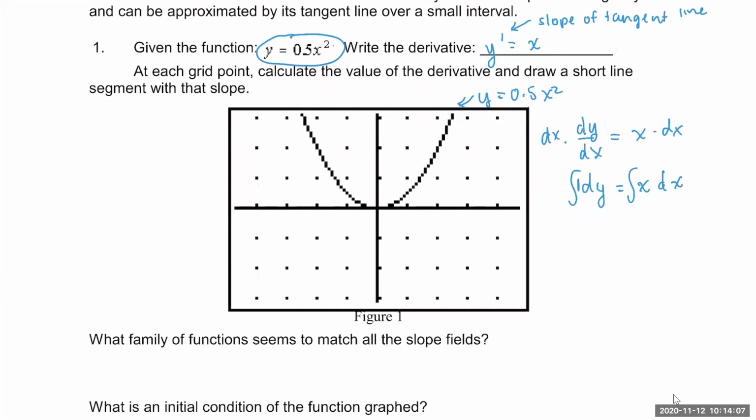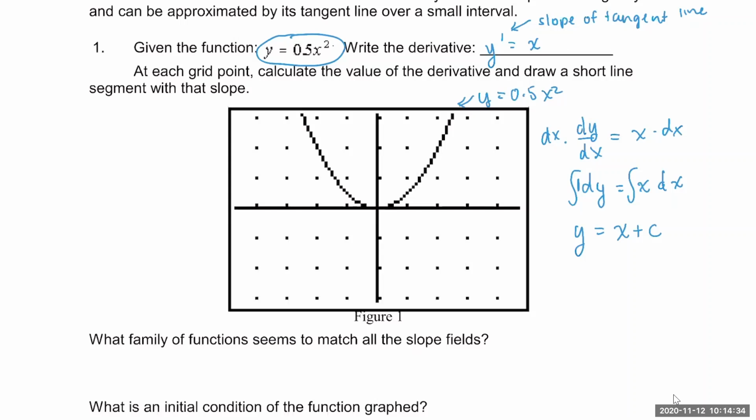If you integrate 1 dy, you get y. If you integrate the right-hand side, you get x squared over 2, and because it's a general antiderivative, plus c. So that is eventually the solution, and we want to be able to integrate and solve it this way because then it's an exact answer to what the solution curve is.